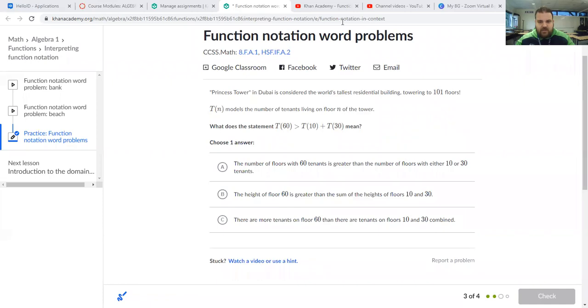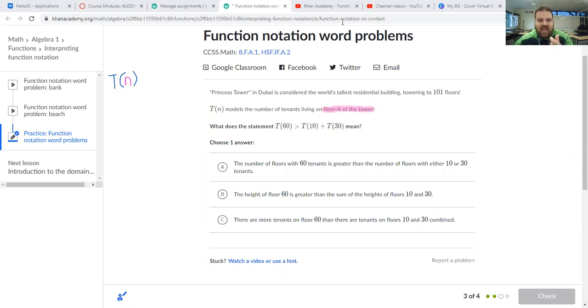Let me go ahead and set this thing up. We're talking about T of, and then in parentheses here we have the N. T of N. That's our entire function, right? That's our output as a whole. I'm going to highlight some things here in pink. N models the number of tenants living on floor N of the tower.